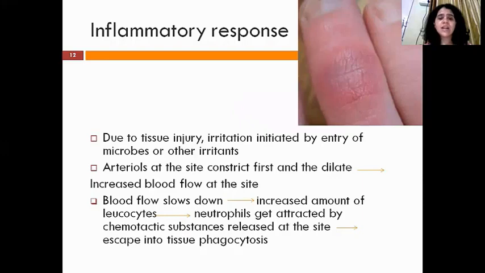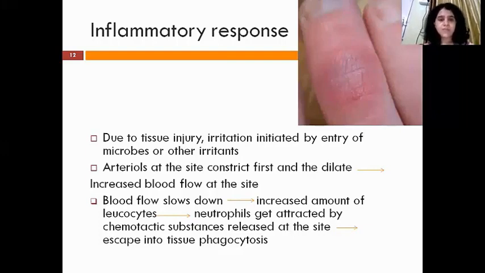Why do they dilate? Because they have to increase the blood flow to the site of injury. Why increase the blood flow? Because if the blood flow is increased, a large number of macrophages, leukocytes, and neutrophils will move to the site of injury, and they will kill bacteria if any are present, and make the healing process faster.